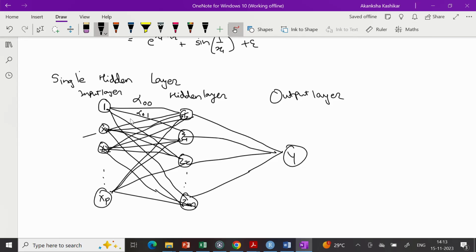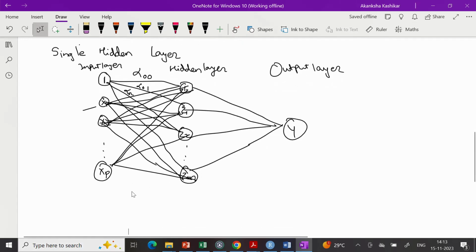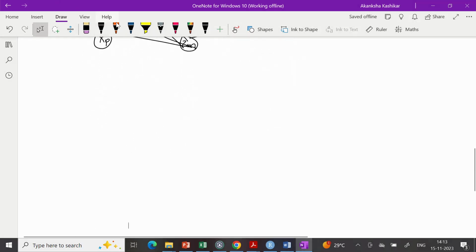Then to z2 it will be alpha naught 2, and so on. So how many alphas will I have? I will have alpha naught naught, alpha naught 1 up to alpha naught m. This is for constant to constant, constant to z1, constant to zm.